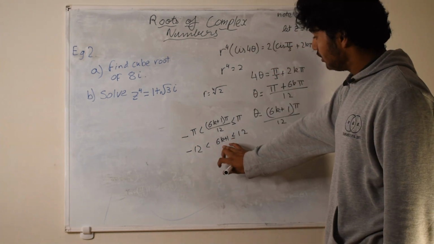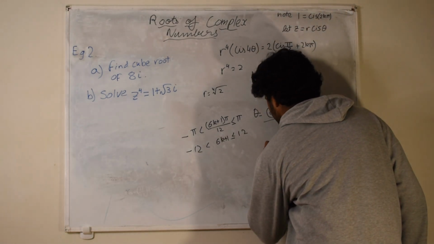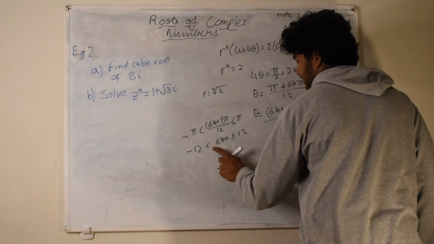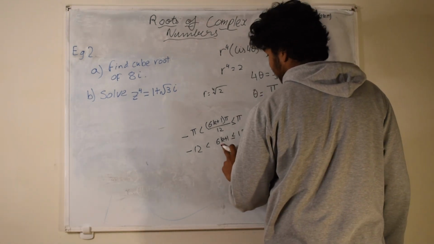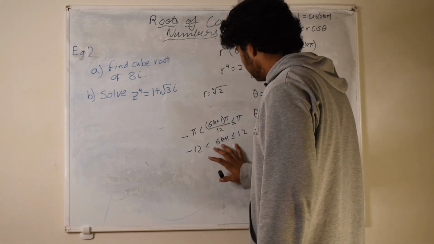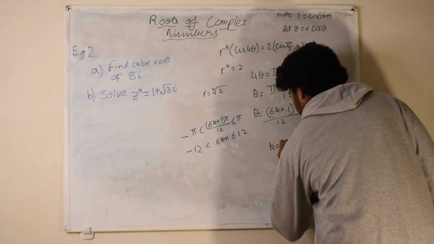K equals 0, 6 times 0 plus 1? Yep, so tick when k equals 0. K equals 1, yep, there's a solution there: 6 times 1 is 6, plus 1 is 7. K equals negative 1: negative 6 plus 1 is negative 5, correct?